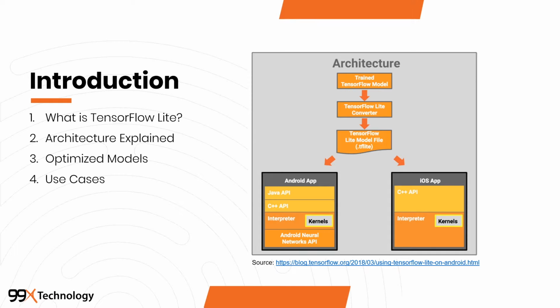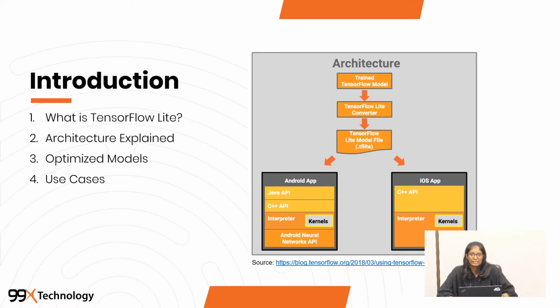So let's look into the architecture explained. As you can see, it starts with a TensorFlow trained model. First of all, you need a trained TensorFlow model to start, and then you will have to convert that model into .tf Lite format so that it can be used for Android and iOS apps.